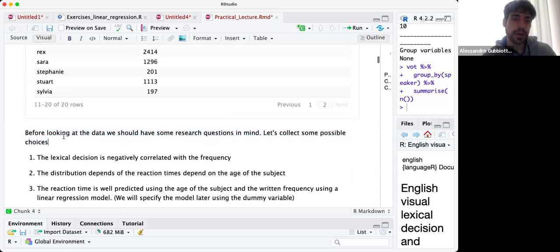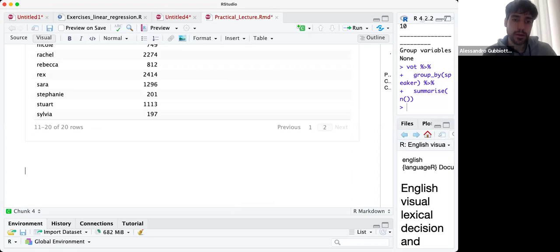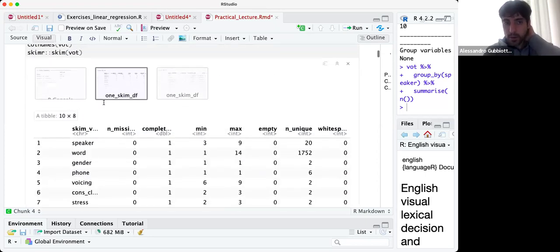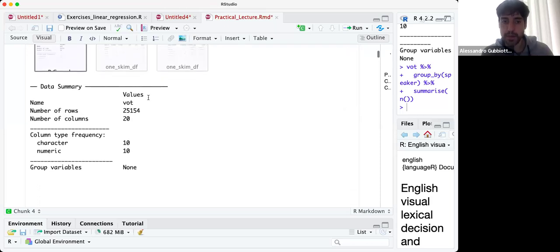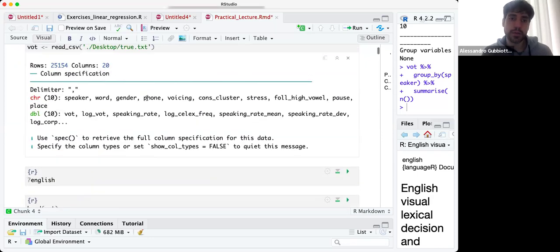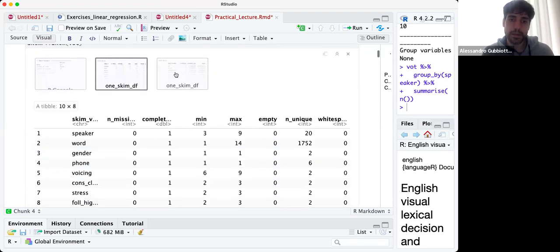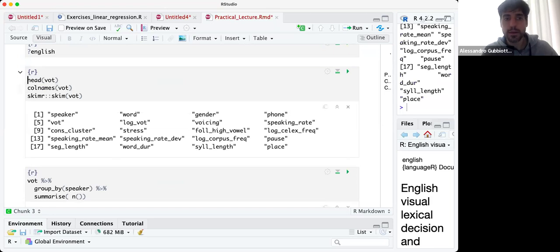Okay. There are some questions that we can ask. Before looking at the data, we should look at the column names. Actually, we should choose the column names when doing the experiment because we collect the data, but here we have the column names already. So let's see if we can get some idea of what to test. As you said, it depends on the voice.